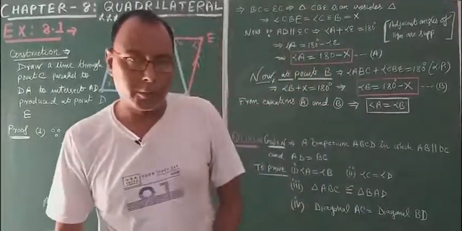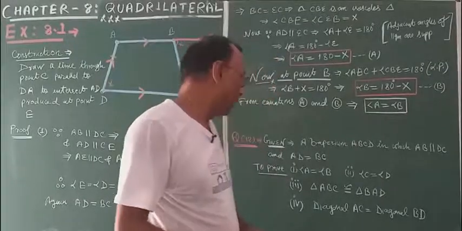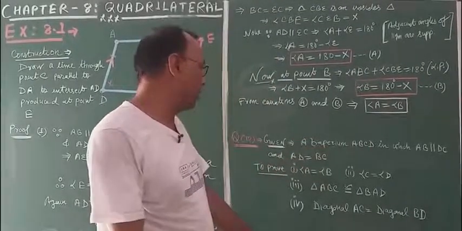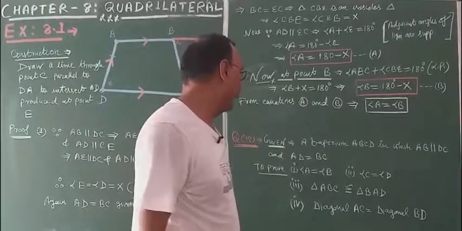Now look at this question number 12. You are given a trapezium ABCD in which AB is parallel to DC.